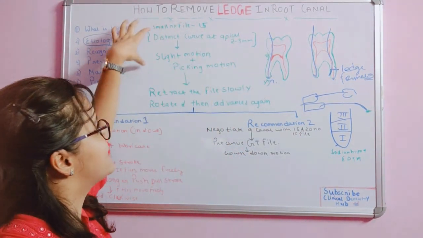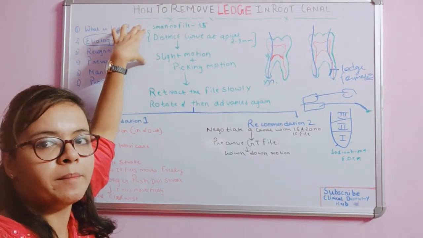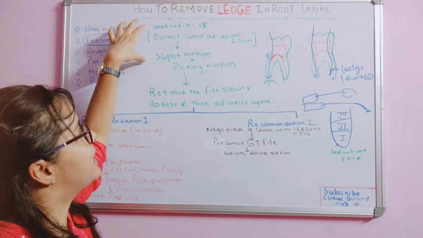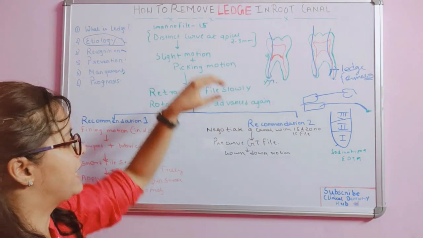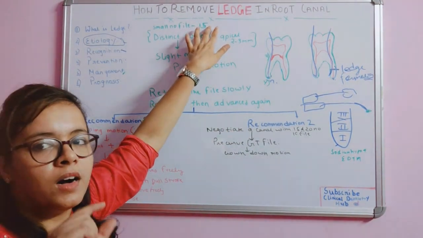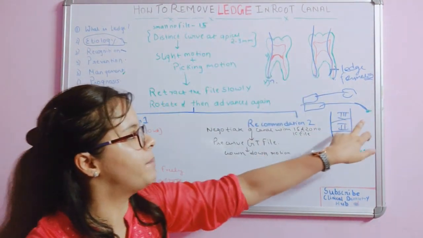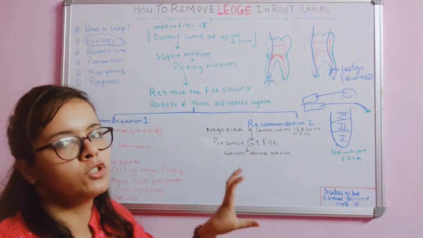First of all, we should use a smaller number file. We should start with a 15 number file, and this 15 number file should have a curve at the apical portion, approximately 2 to 3 mm of curve.